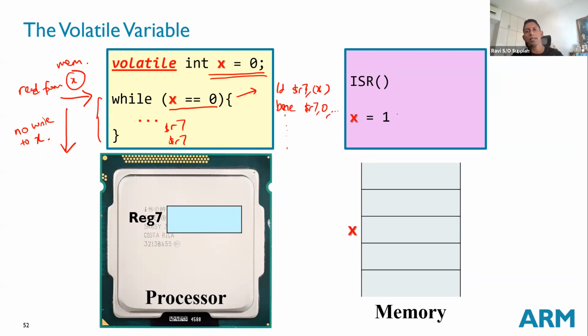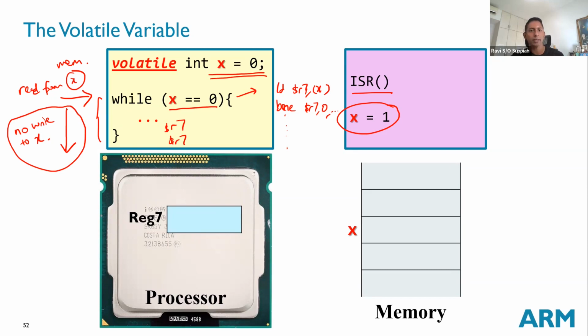The issue is when I have the ISR that can also update X. This is not captured in this entire sequence here, because the write to X is not happening over here.